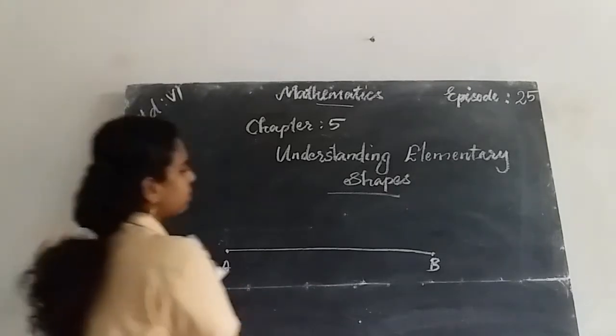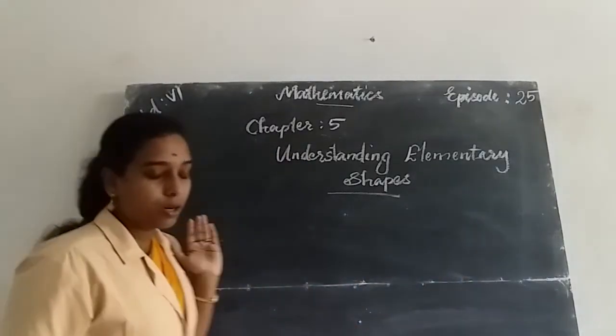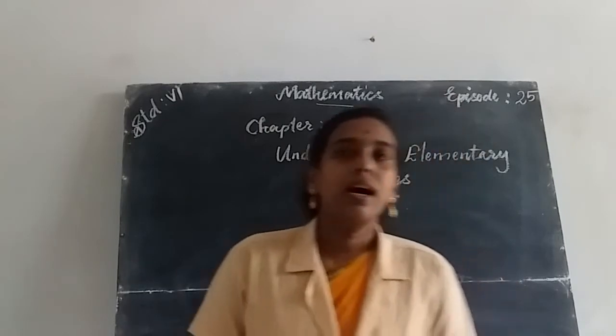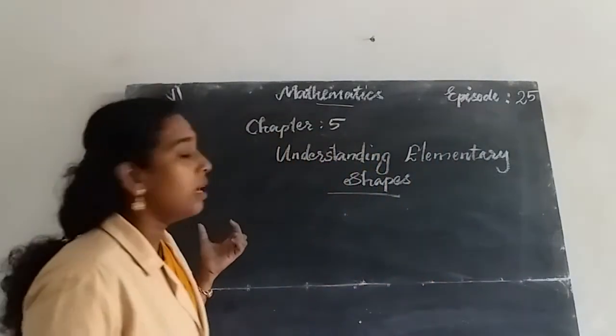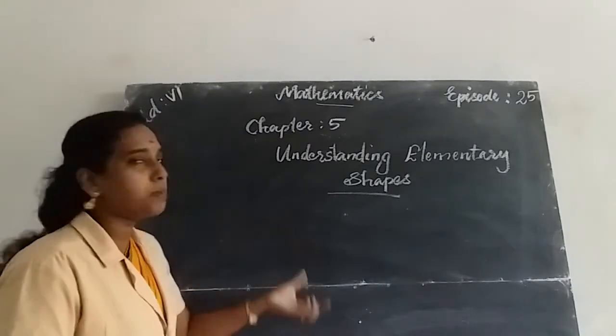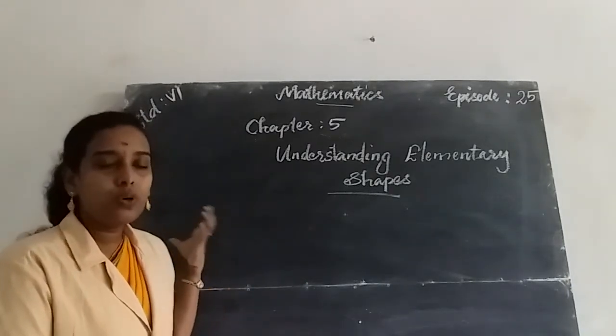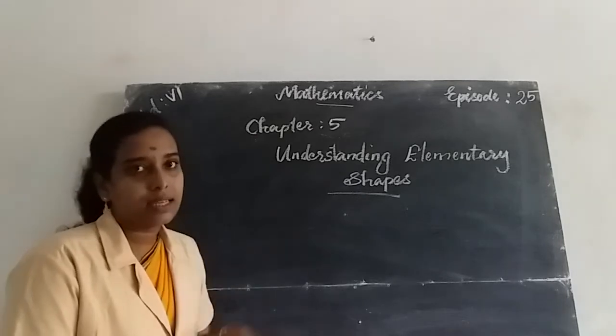So like this, you use a ruler or divider to find the length of a line segment. The length of a line segment is defined as the distance between its two ends.